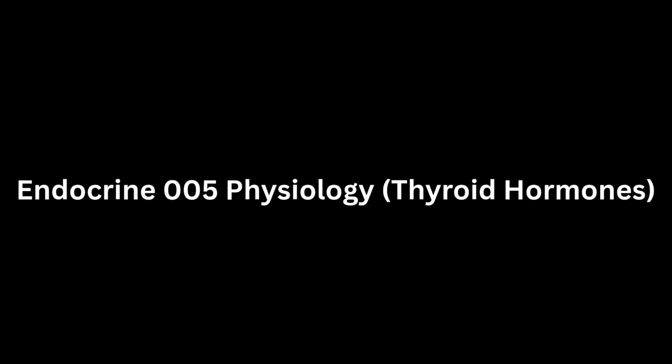And who's going to sense that? My hypothalamus and my anterior pituitary, right? So there's no more negative feedback loop on my hypothalamus and pituitary from the free T3 and T4 levels. So they release TRH, which releases TSH, and TSH is going to tell the thyroid gland to produce more T3 and T4. So they produce more T3 and T4, and we increase the levels of free T3 and T4 back to normal.